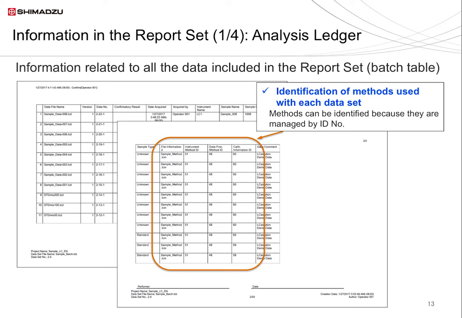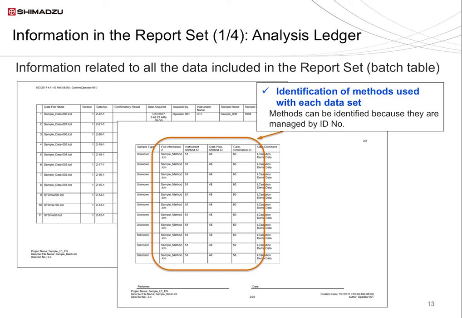Listed for each data file are the name of the file, date and time of actual analysis performed, analysis type, and other information, such as whether the data has undergone manual peak integration. It also shows basic information for each analysis, such as the tray number and vial number.